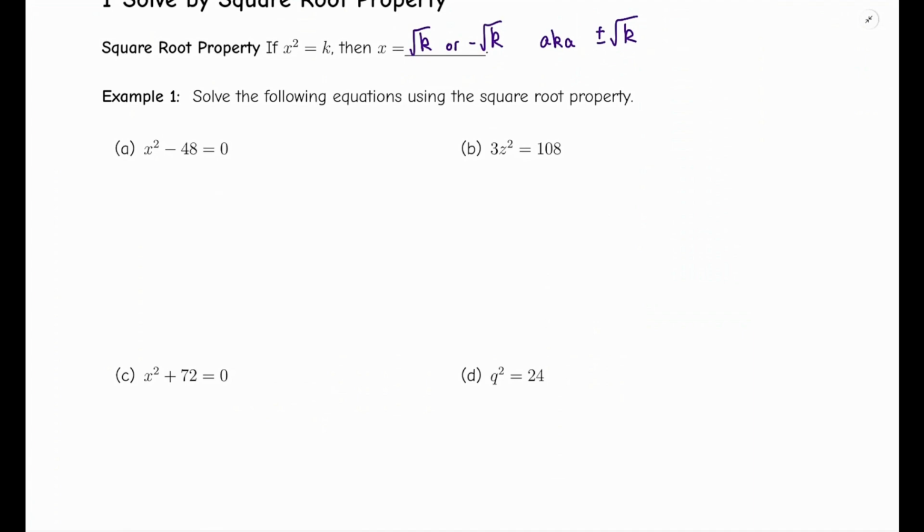Part A, x squared minus 48 equals 0. So I'm going to add 48 to both sides. Get x squared is equal to 48.